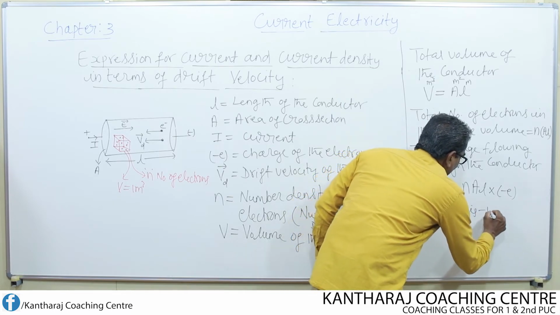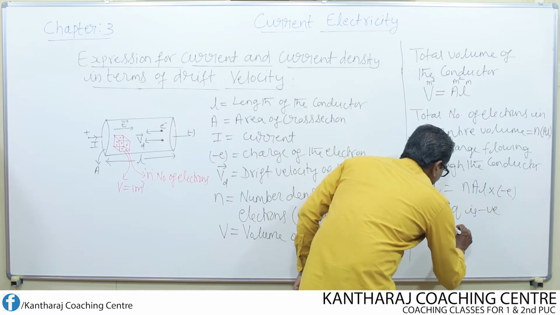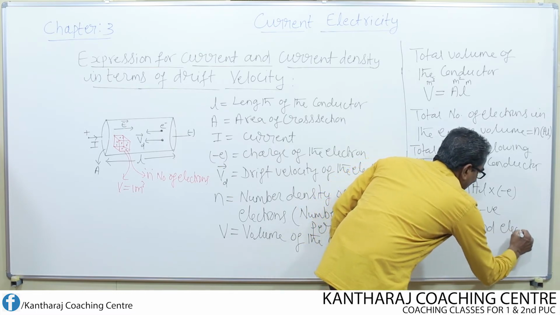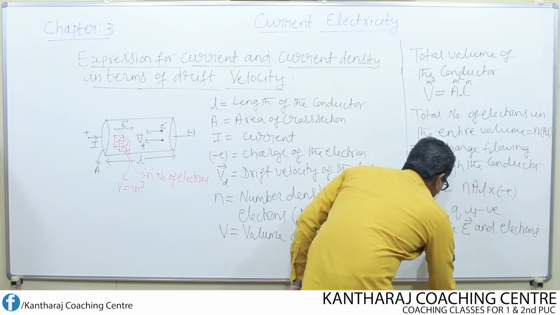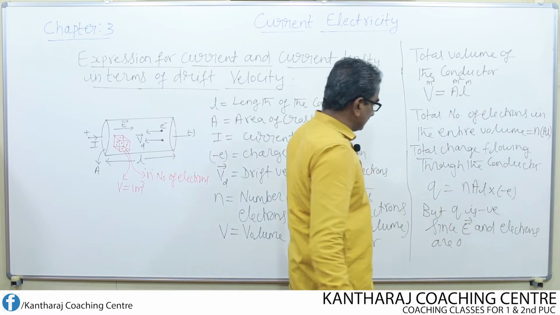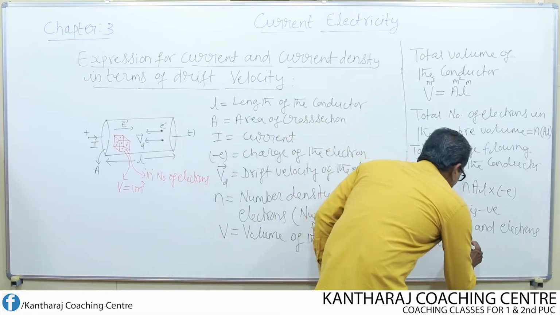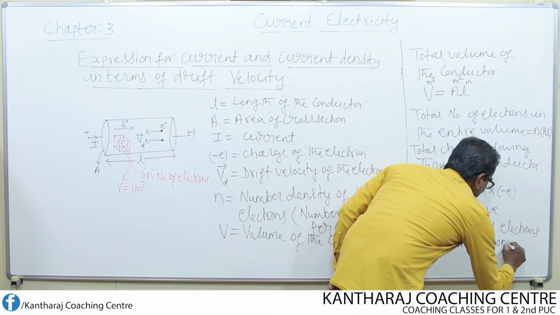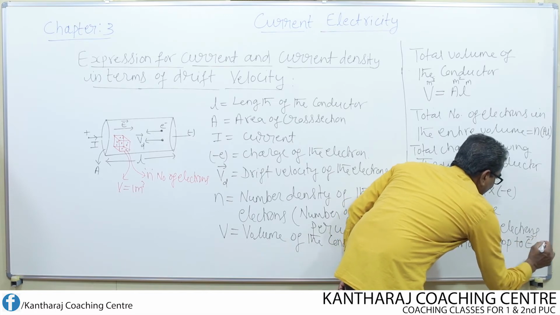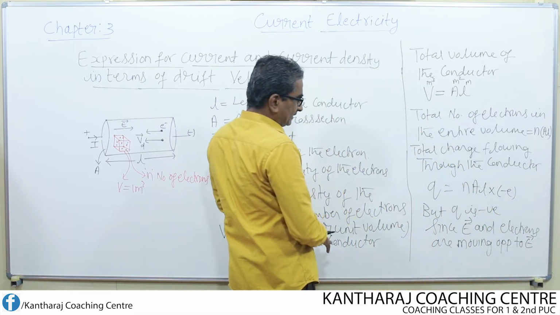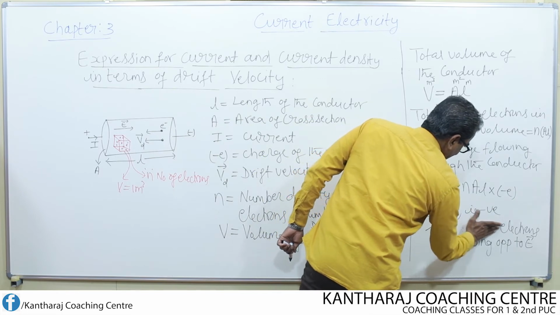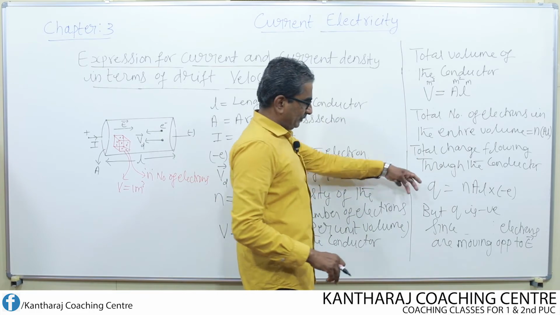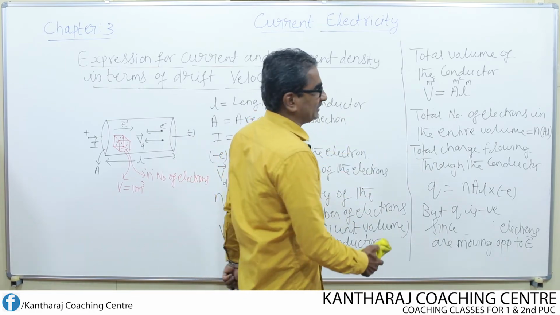Since electrons are moving opposite to E, Q can be taken as negative. If that is the case, then what happens now?